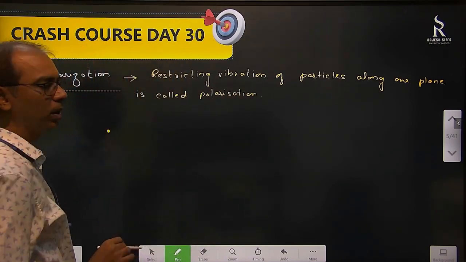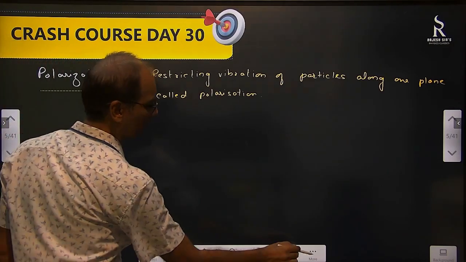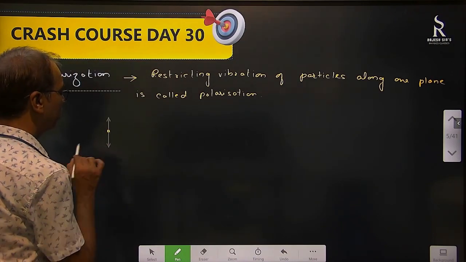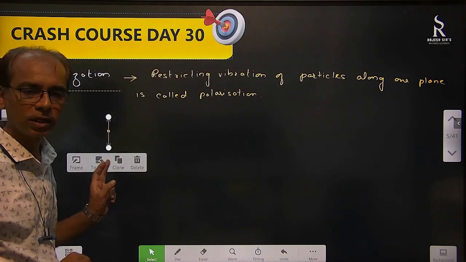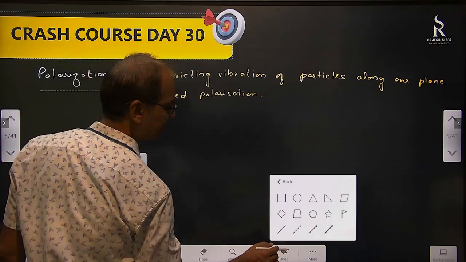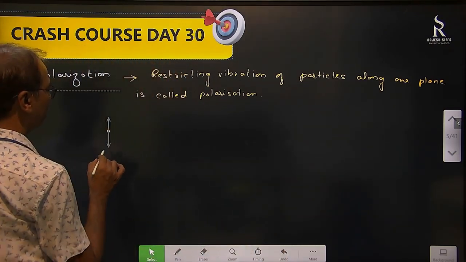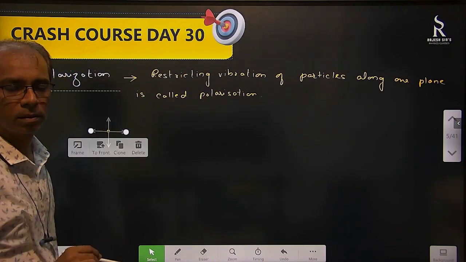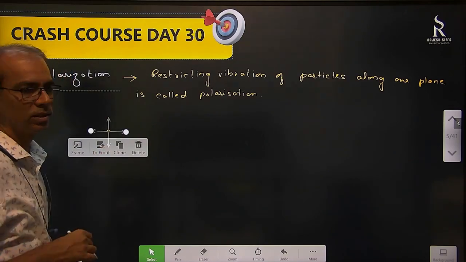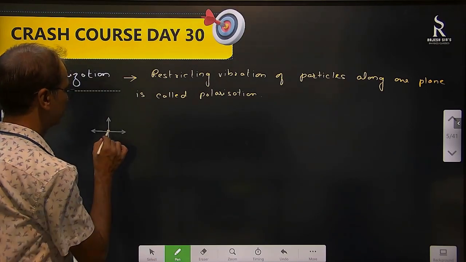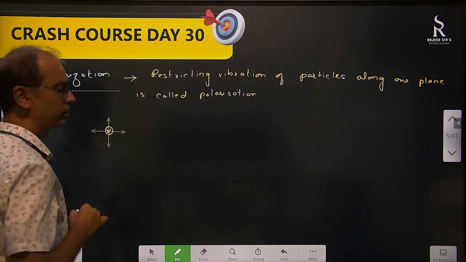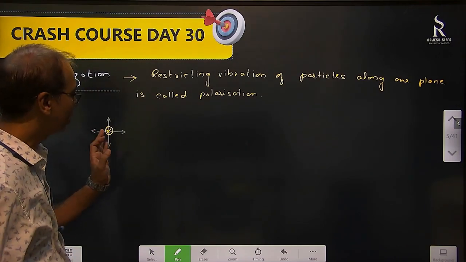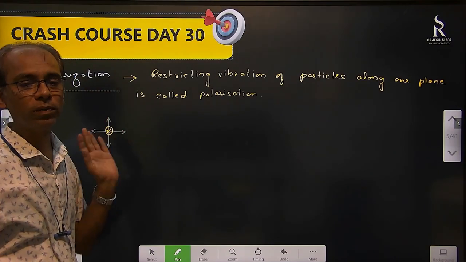When we talk about unpolarized light, we show it in this way. We show that this is vibrating like this, maybe along the y-axis. Then this is vibrating along the x-axis, and then they are vibrating along the z-axis also. That we can show like this. But now what we are doing is making it vibrate only in one direction.